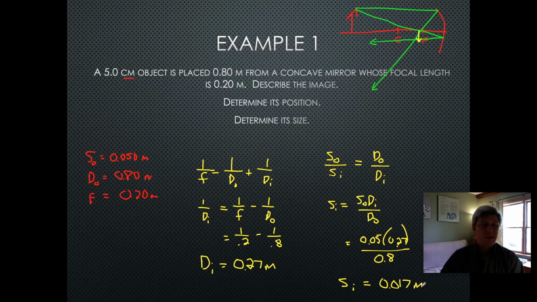Or 1.7 centimeters. Does that make sense? Well, the original object was 5 centimeters in height. The image of that object is 1.7 centimeters in height. So it's smaller than the original object. And so yes, indeed, it does make sense.